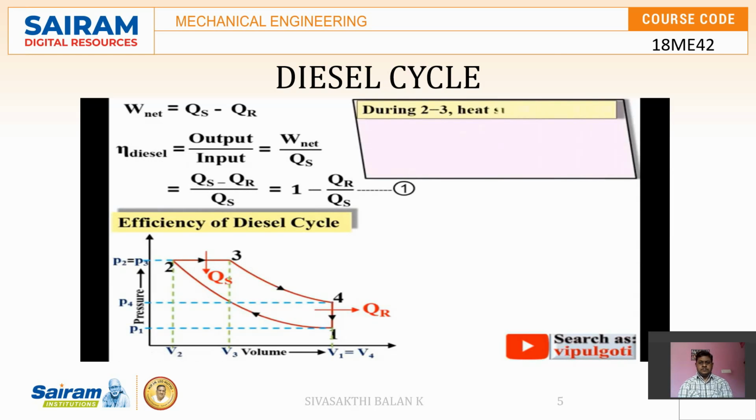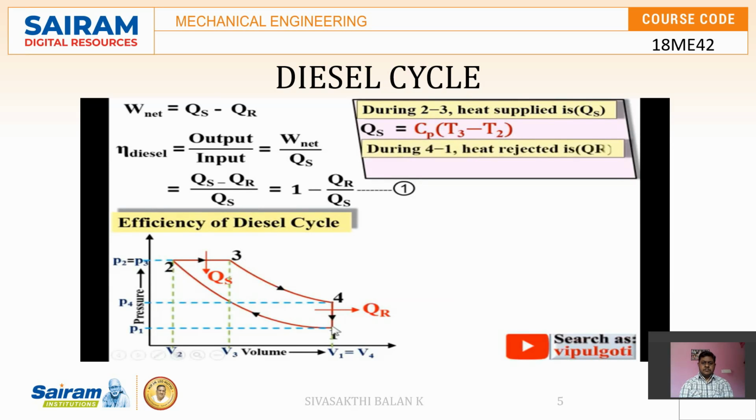During process 2-3, the heat supplied is Qs, and you know that at constant pressure, Qs is m cp delta T. But here we have assumed the mass of air as 1 kg, so directly you can write specific heat into delta T, that is the temperature difference. After heat addition your temperature is increased, so T3 is greater than T2, and it will be T3 minus T2.